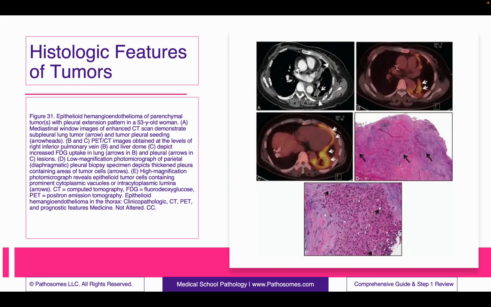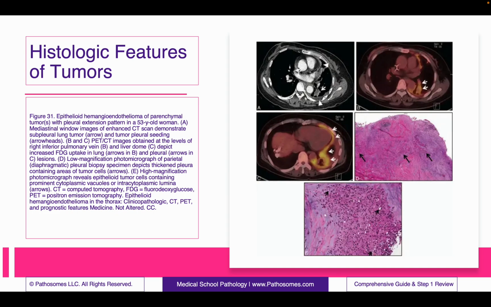And here we have representative images of various radiologic scans and a tumor of sorts that appears to be very basophilic in areas and contain various cytoplasmic vacuoles, looks epithelioid, right?